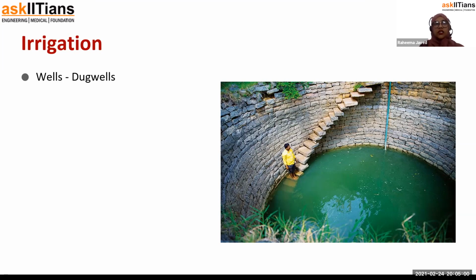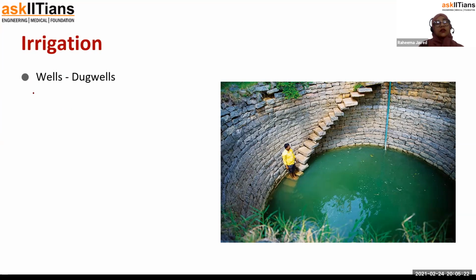So if water is not there, we cannot expect the minerals to just go miraculously into the roots. The roots are absorbing water, and along with water they are also absorbing the mineral ions. So irrigation therefore is very important for crop production and management.